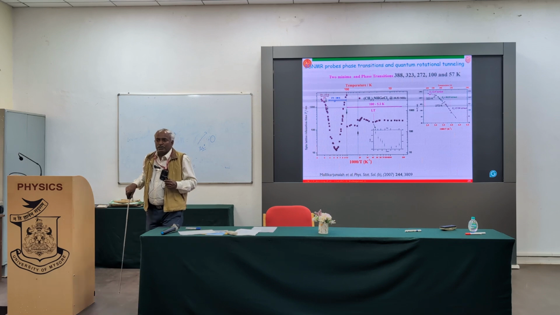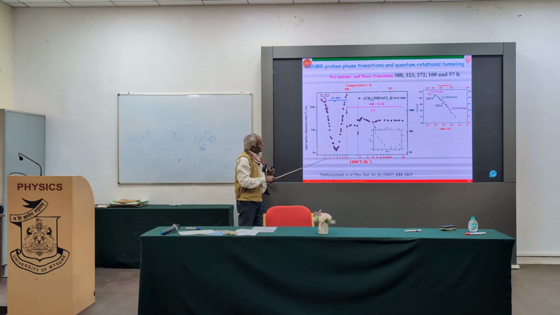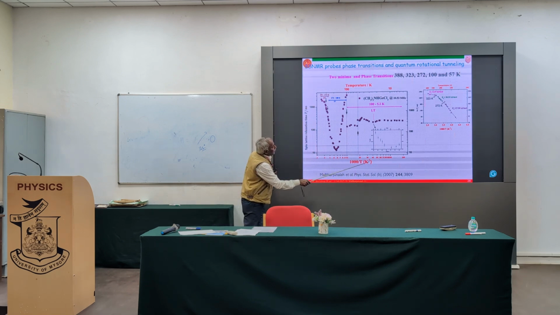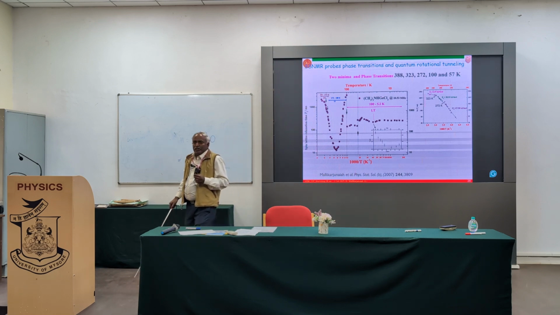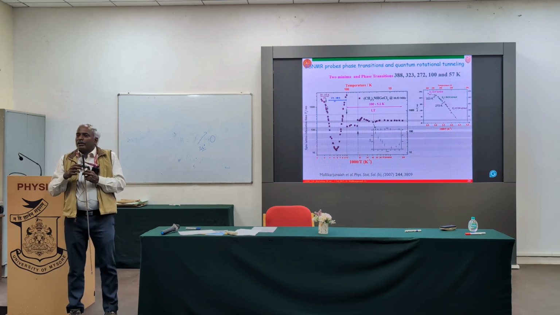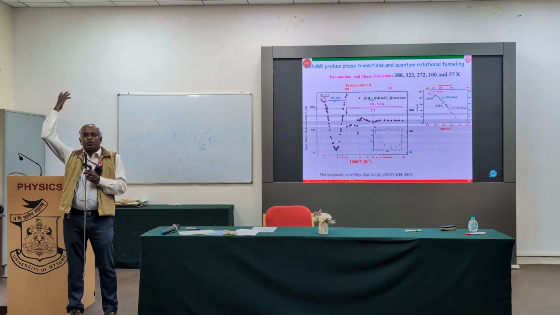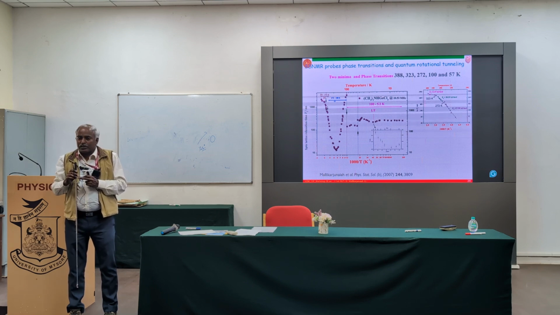Efficiency of transfer of your information or energy is more. And then again, as you are going down in temperature, from here your thermal energy is very less, then you don't have sufficient energy to bring you back. Then in principle you are supposed to take several days and years to come back to the ground state.